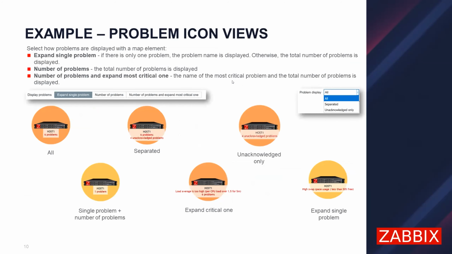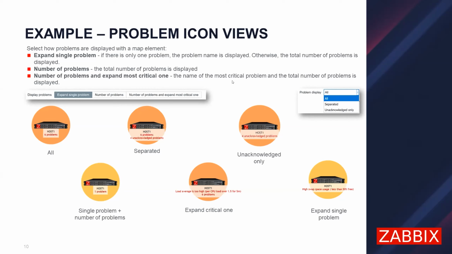So you may have different problem icon views, and while defining your map, you can specify how problems are displayed with the map element. For example, you may have your problem expanded, and you may have a problem expanded with some extra data for triggers and for problems. You may have a different number of unacknowledged and acknowledged problems.